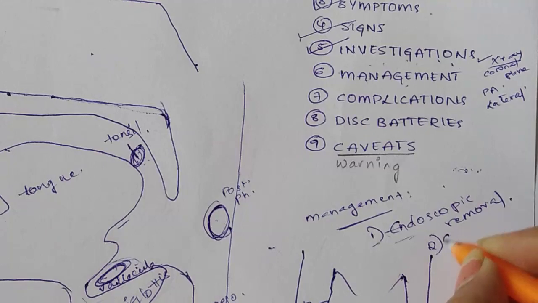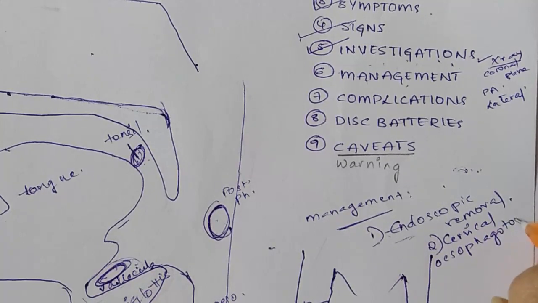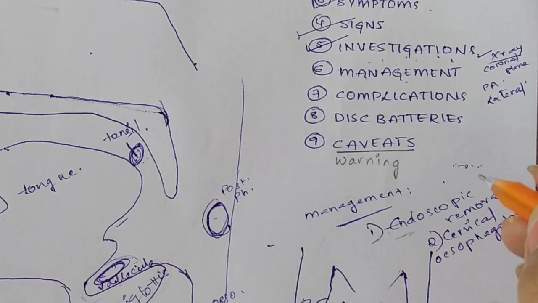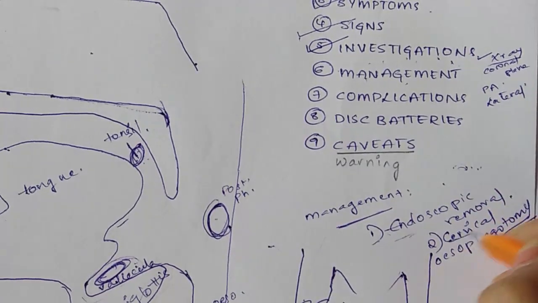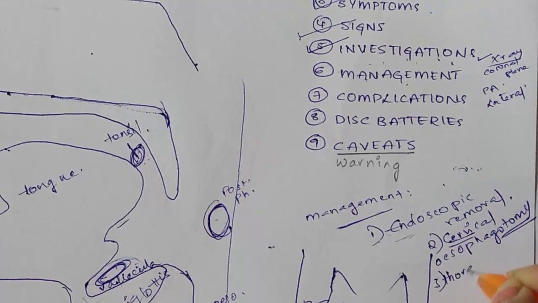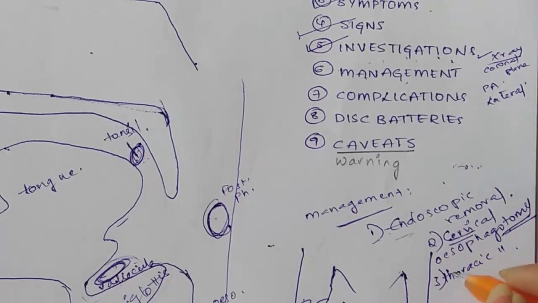Or we can do cervical esophagotomy. Otomy means cutting. We will cut the esophagus at the cervical part and remove the foreign body. And there is also thoracic esophagotomy. Same thing, we will cut the esophagus but at the thoracic part.